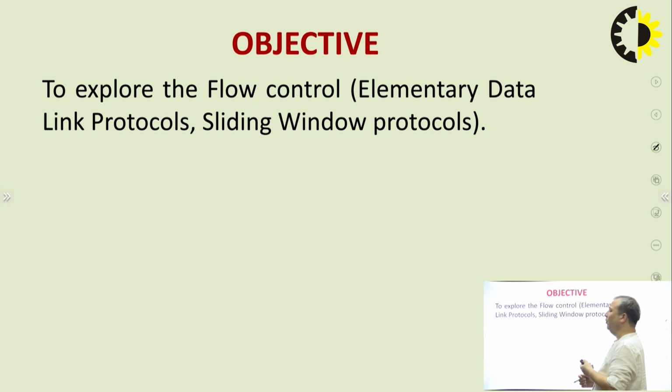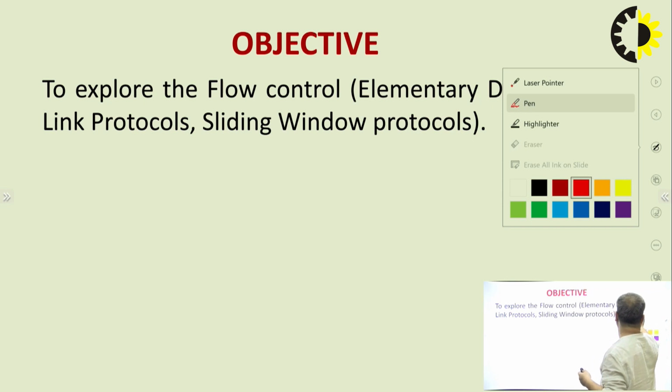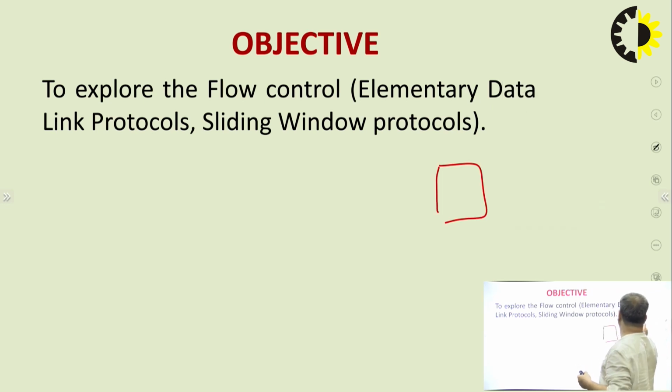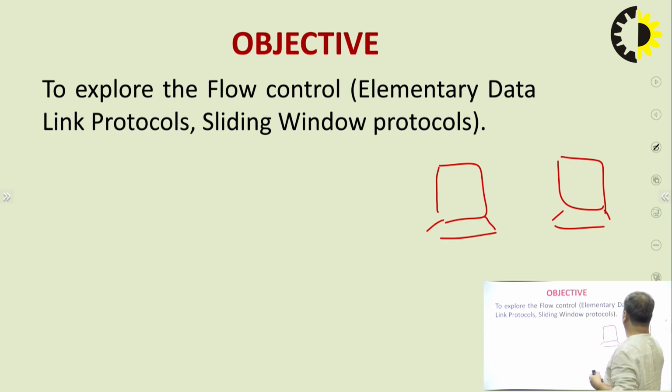Let's discuss what flow is. Flow control means, suppose a sender wants to communicate with a receiver. This is a system, this is another system. A wants to communicate with B. Flow control is basically a technique to control the flow of the data.